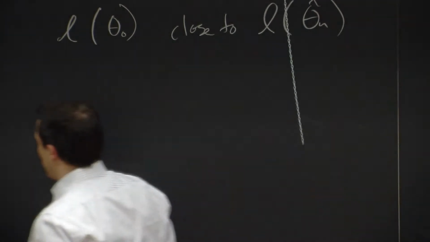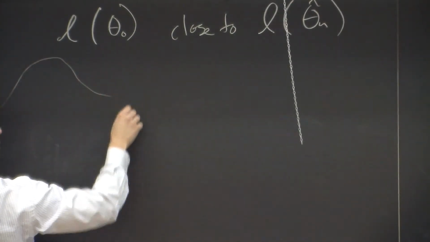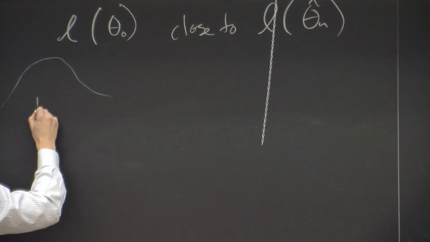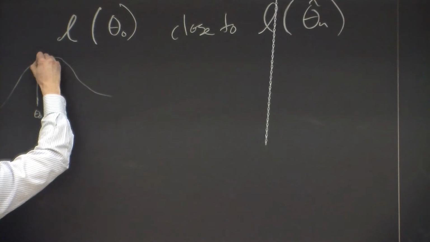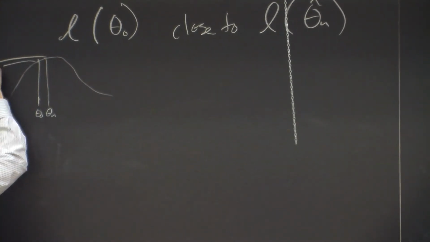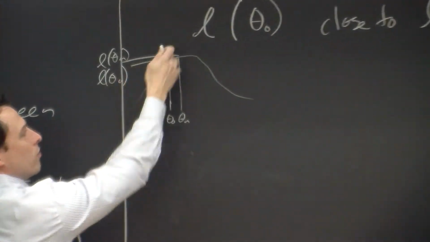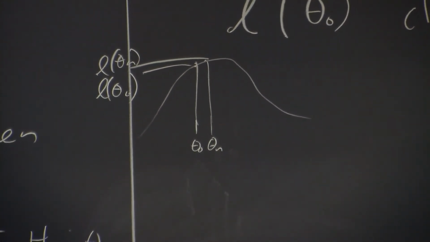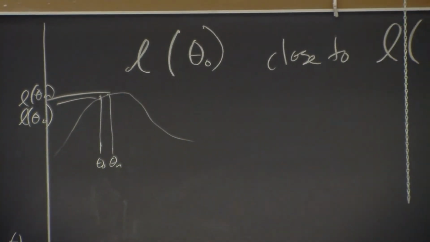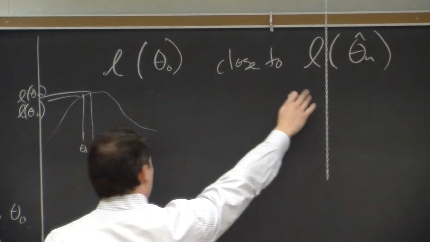Right? So if we assume that the likelihood function, or the log likelihood function, is not too crazy, and we have theta naught and we have theta n, everything is continuous, and I look at the vertical values, L of theta n and L of theta naught, those should also be close together. Right? Unless our likelihood function is just completely bonkers, in which case nothing works. Okay? So as these things get closer, these two get closer.